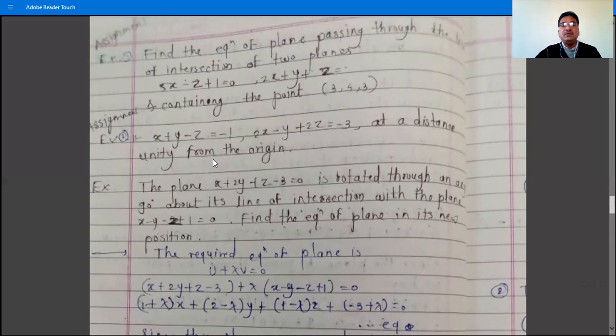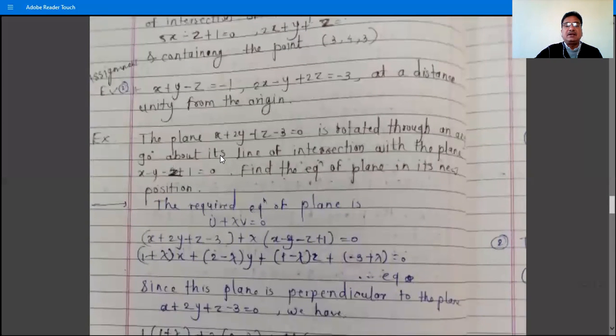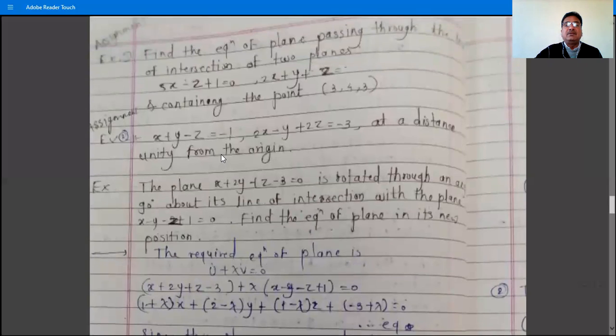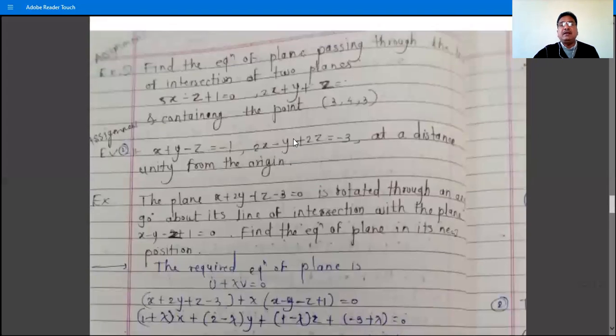Next example: find the equation of plane passing through the line of intersection of these two planes and at a distance unity from the origin. In order to find this, first write u plus lambda v is equal to 0. That is equation star, and then it is at a distance unity from the origin. So what is the distance of the origin from the plane?